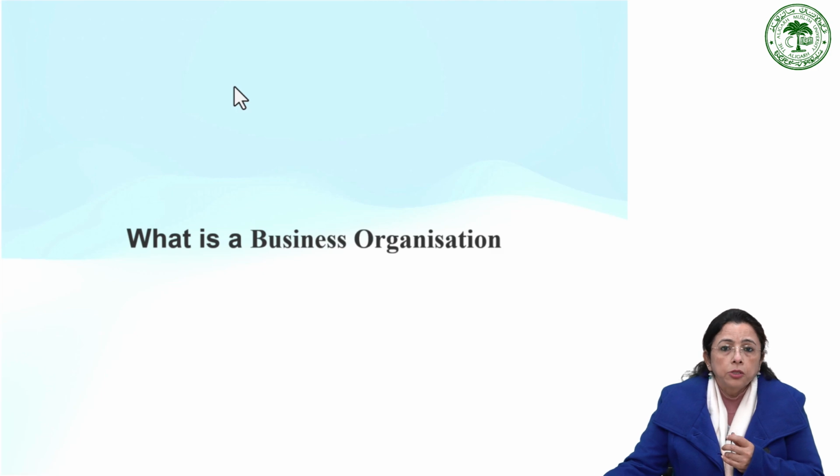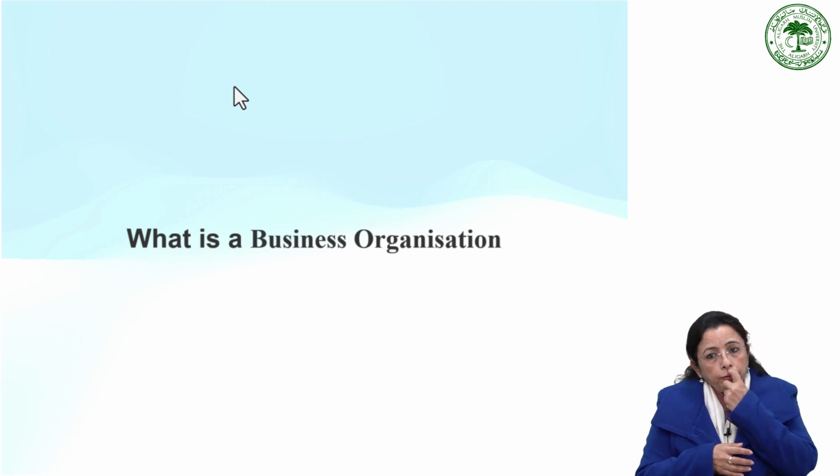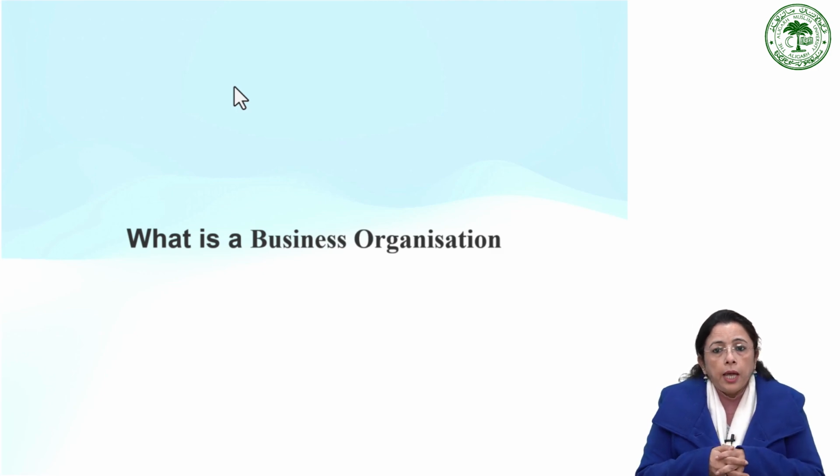What is a business organization? Answering this, we can say that it is a formal entity created to engage in commercial activities such as manufacturing goods or providing any services in order to fulfill the demand of clients and consumers, and earning profits in return.